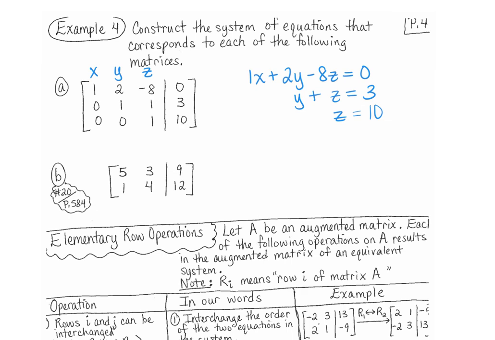How much time you need? A minute? Okay. So, you're given this augmented matrix of order what? Say it again. 2 by 3, yes? And then we want to write the corresponding system of equations. Go for it.